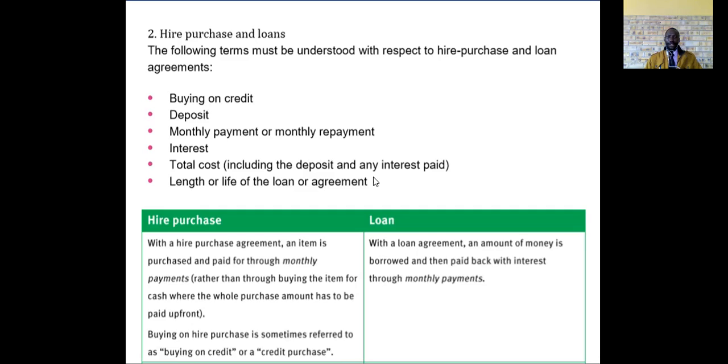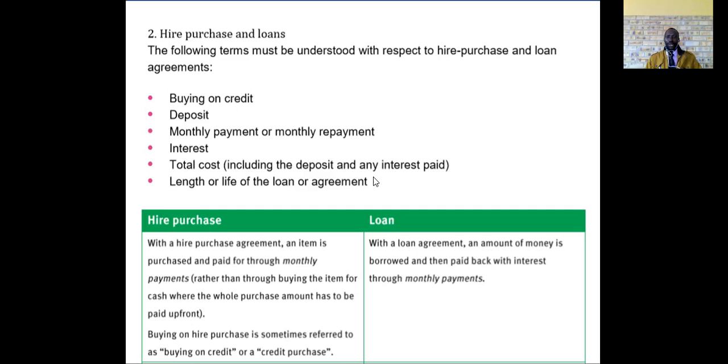Okay. Then the total cost, this is including the deposits and any interest paid. That is, the total of all the costs, which is going to be what? Which is going to be the amount of money that you have with you, including the deposit you have made initially, plus any interest to be paid.